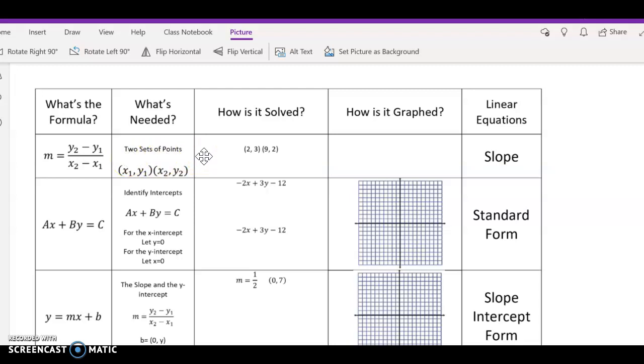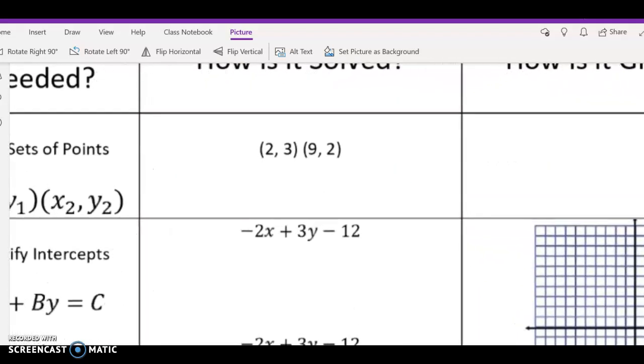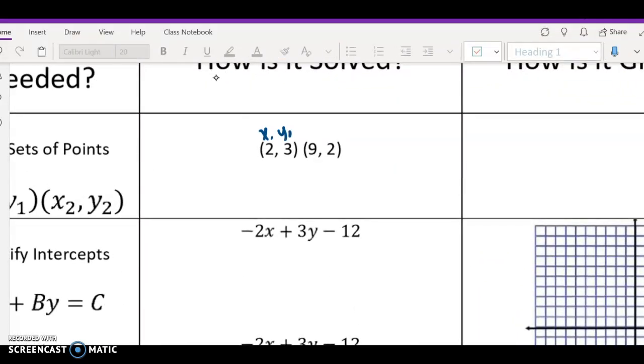So we are going to solve for the slope of these 2 points. What I like to do is label my first one as my x1, my y1, and my x2 and y2 for my second point.